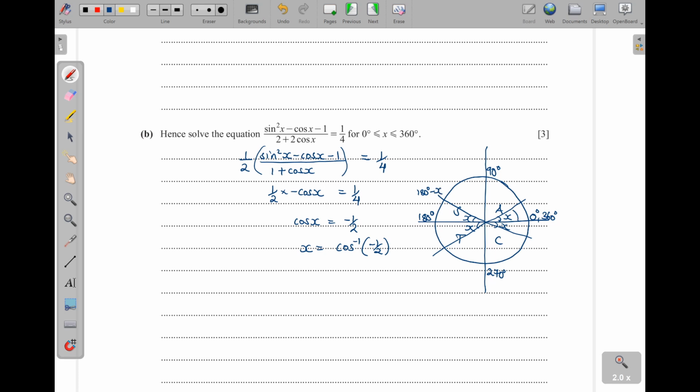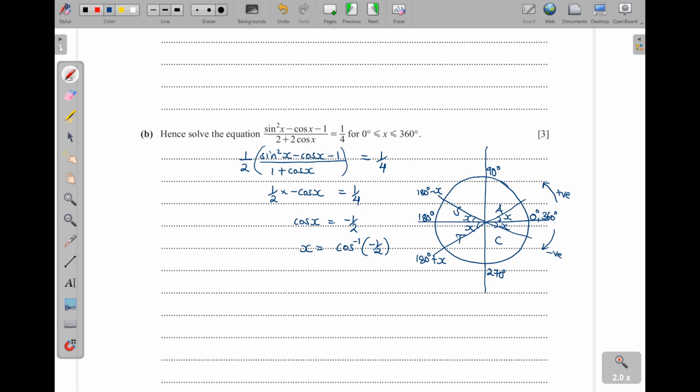And to get the angle in the third quadrant, that will be 180 plus the x that is here. What I always say: when you move anti-clockwise, the angles are positive. When you move clockwise, the angles are negative.